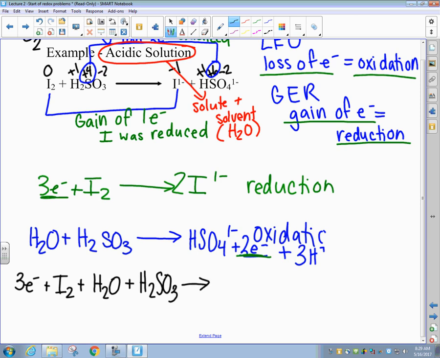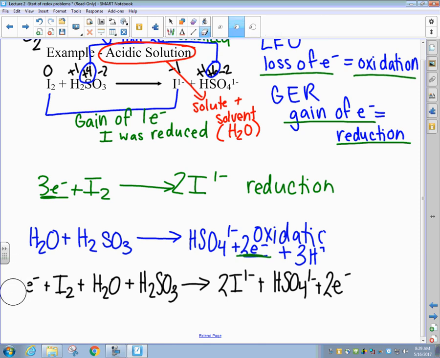On the right-hand side, I have 2 iodide ions plus the bisulfate ion plus 2 electrons. Oh, I'm sorry, I forgot to change this. This actually should be 2 electrons. I didn't change it back. This should be 2 electrons here. Plus 3 hydrogen ions. Okay.